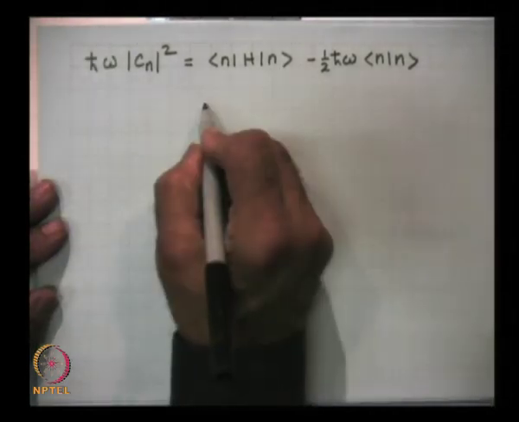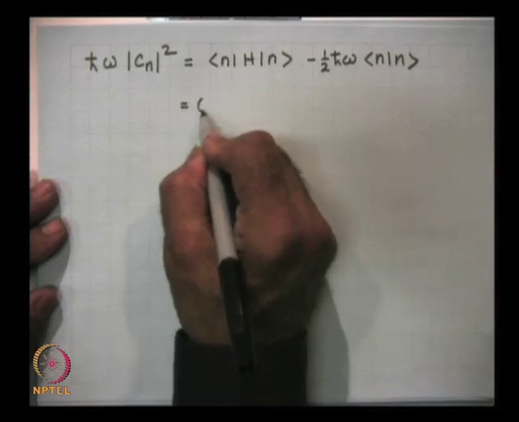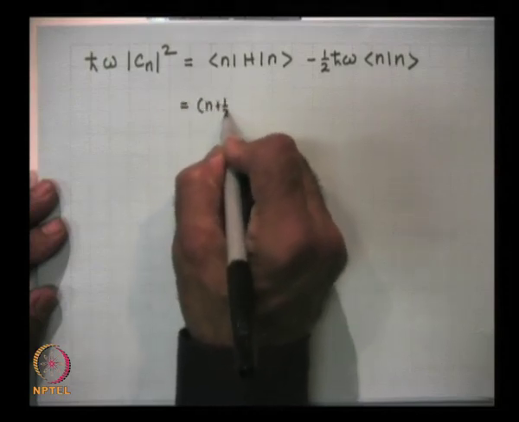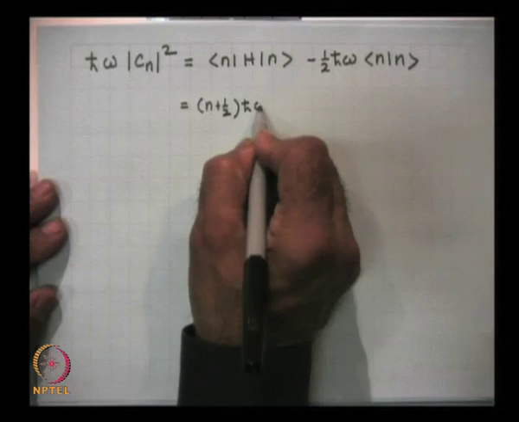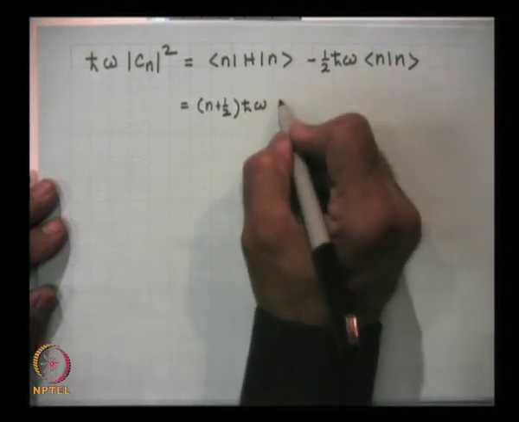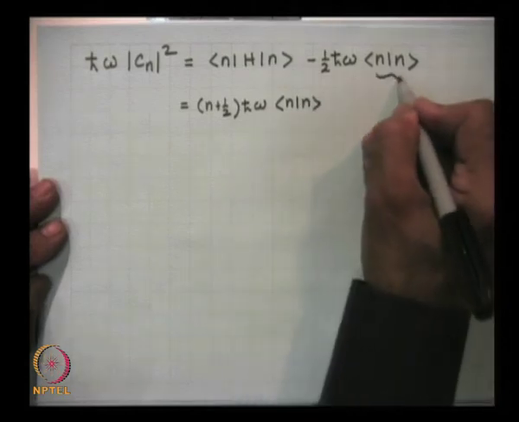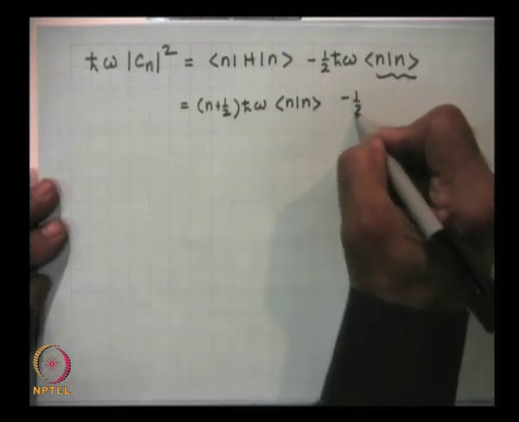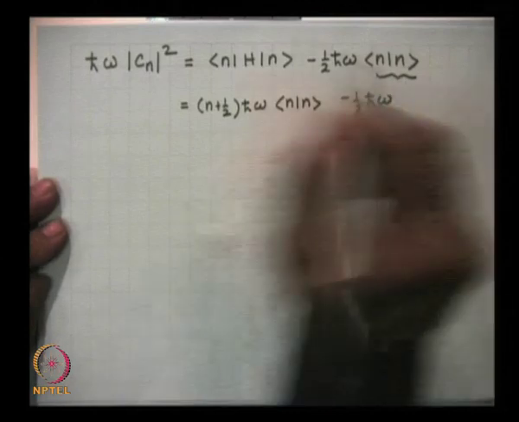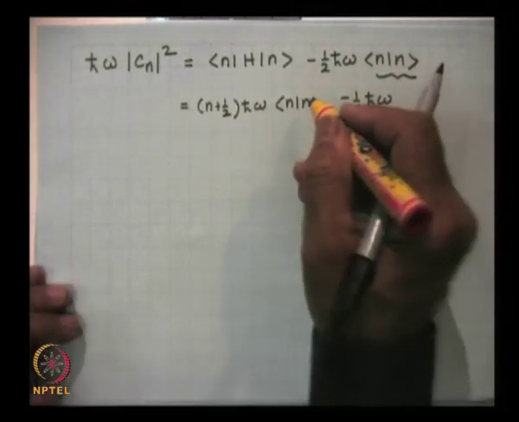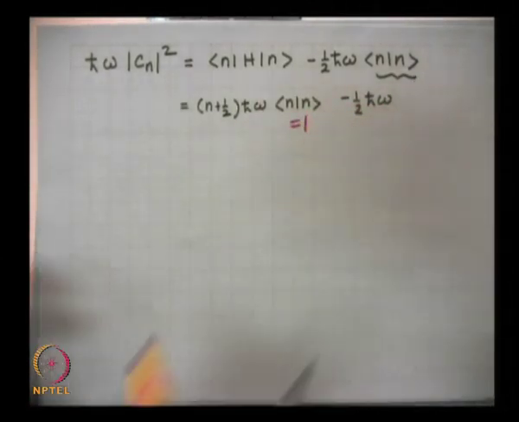H ket n is equal to n plus half h cross omega, bra n ket n. So, this is 1 and this is also 1. So, this is minus half h cross omega. So, this quantity is equal to 1, because the kets are normalized.